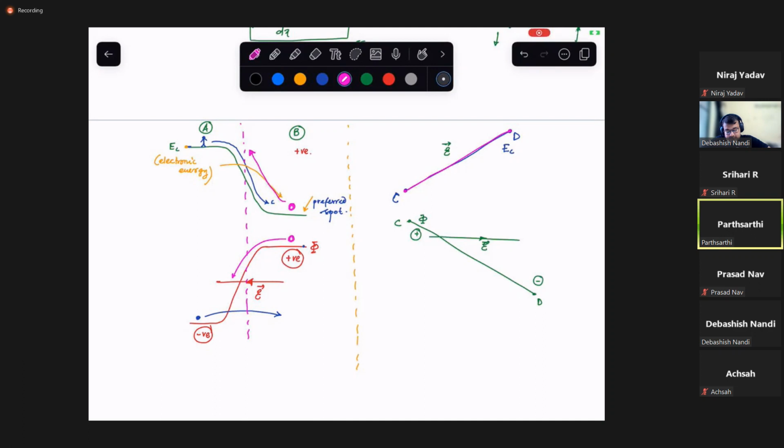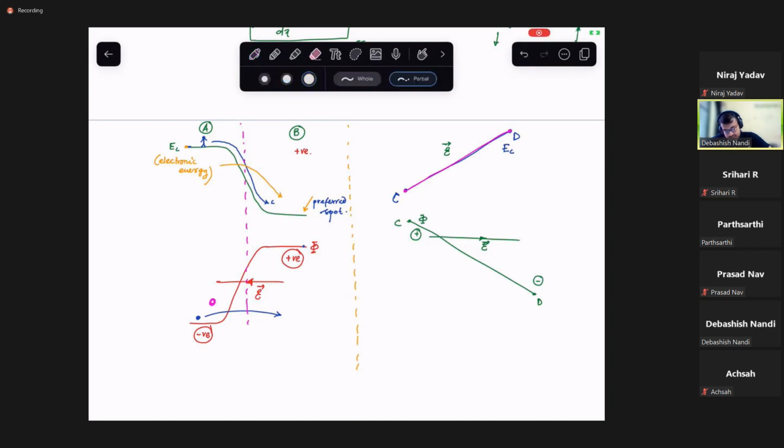Sir, my question is not what the hole will do. First, my doubt is why you have written positive and negative. This is not for holes and electrons. This is to make you understand that if we have a potential profile, something is at high potential and something is at low potential.